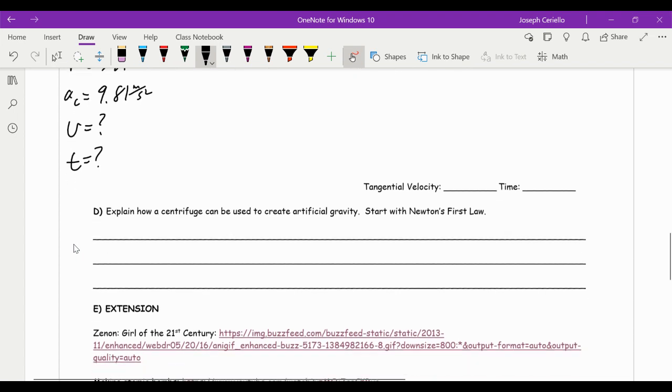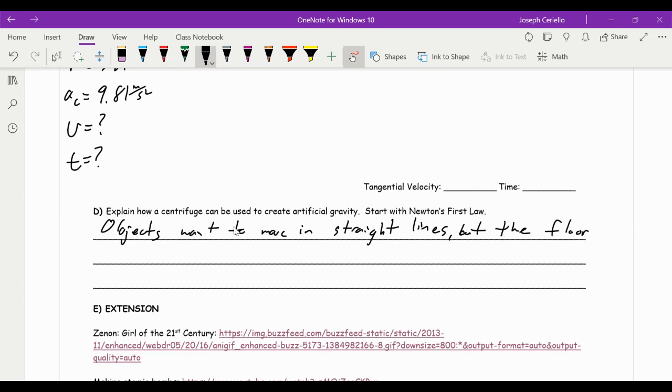So how does a centrifuge create artificial gravity? Well, the first thing is that objects want to move in straight lines. But the floor kind of gets in the way.